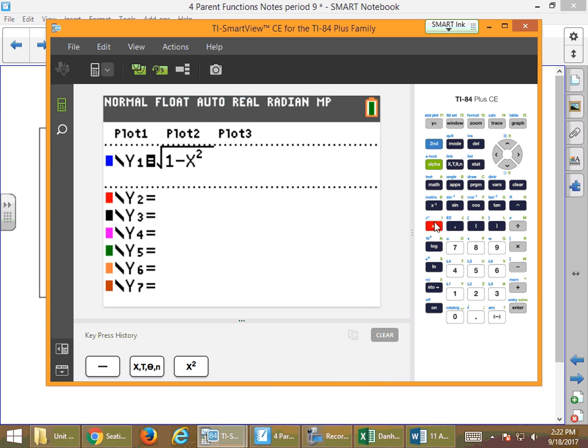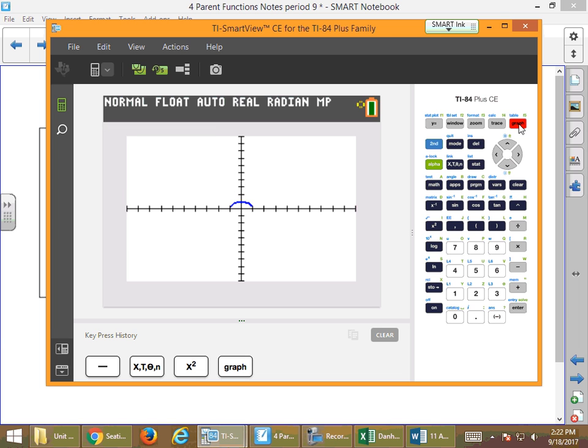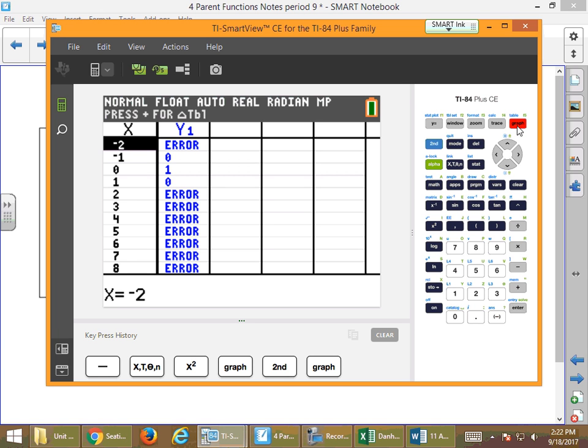It's kind of a fun one to graph. That's it. And in terms of points, it's interesting when you look at the table. Lots of errors in there. We only have a few values that we're going to graph. In fact, the 3 that we can see are the 3 key points to me.